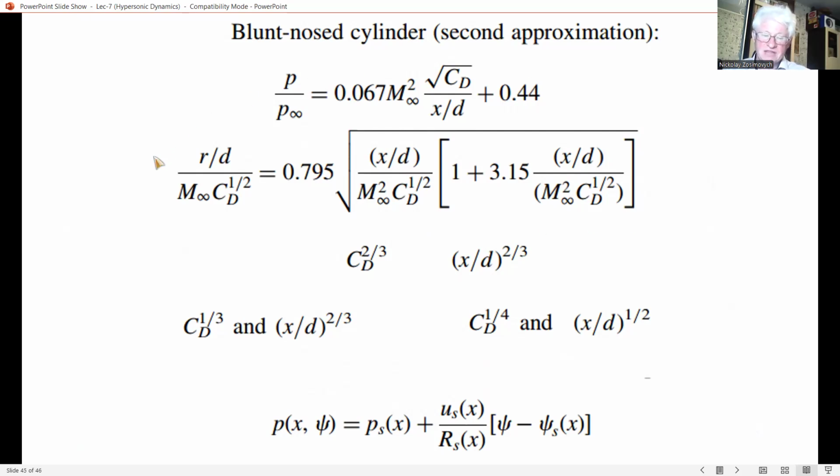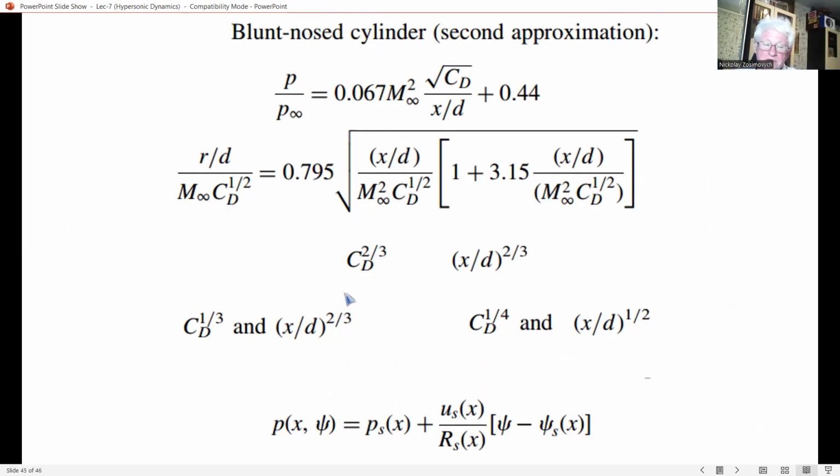We should notice that for a blunt-nosed flat plate, the pressure distribution, in our case P over P infinity, downstream of the nose varies directly as M infinity squared and the square root of the coefficient Cd, and inversely as x over d to the power 2 over 3. The shock wave shape varies directly as Cd to the power 1 over 3 and x over d to the power 2 over 3.